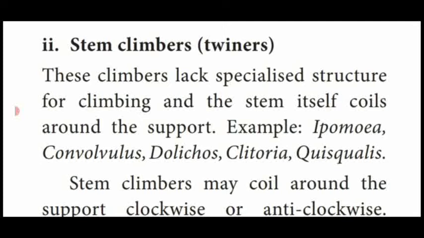The entire stem of the plant only twines around the host plant. Example, Ipomoea, Convolvulus, Dolichos, Clitoria, Quisqualis. So these are the different plants which are modified forms of stem climbers.